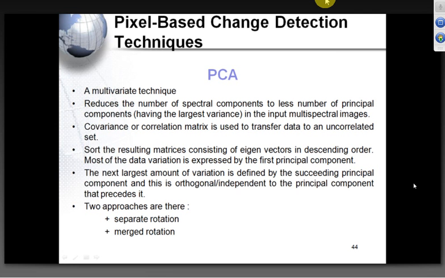The next largest amount of variation is defined by the succeeding principal component and thus is orthogonal or independent to the principal component that precedes it. There are two approaches, separate rotation and merged rotation.